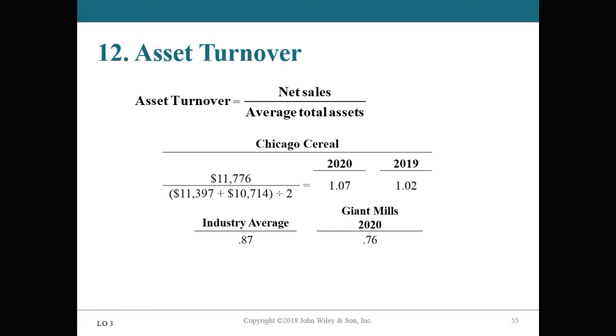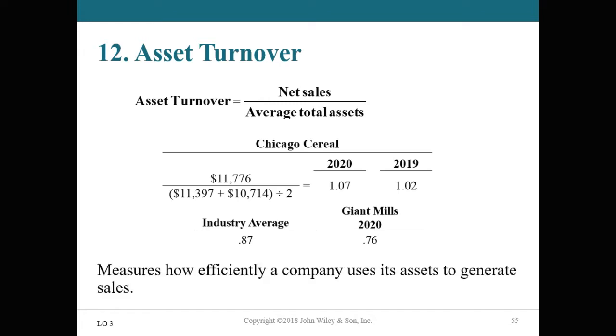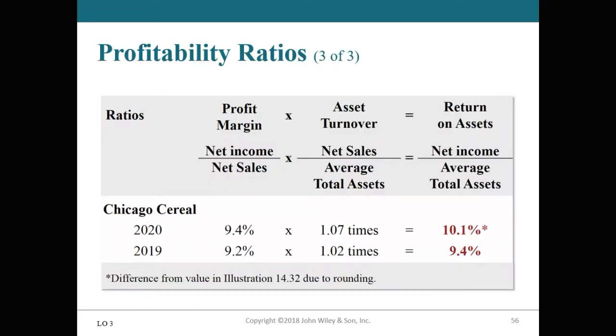Asset turnover is a measure of how efficiently a company uses its assets to generate sales. It's computed by dividing net sales by average assets. As you can see here, if we take profit margin times asset turnover, then we get the return on assets.